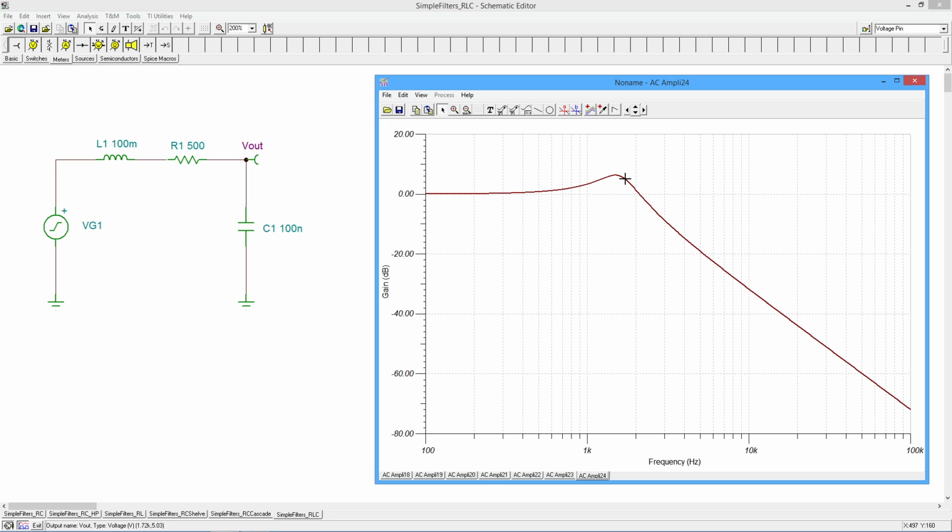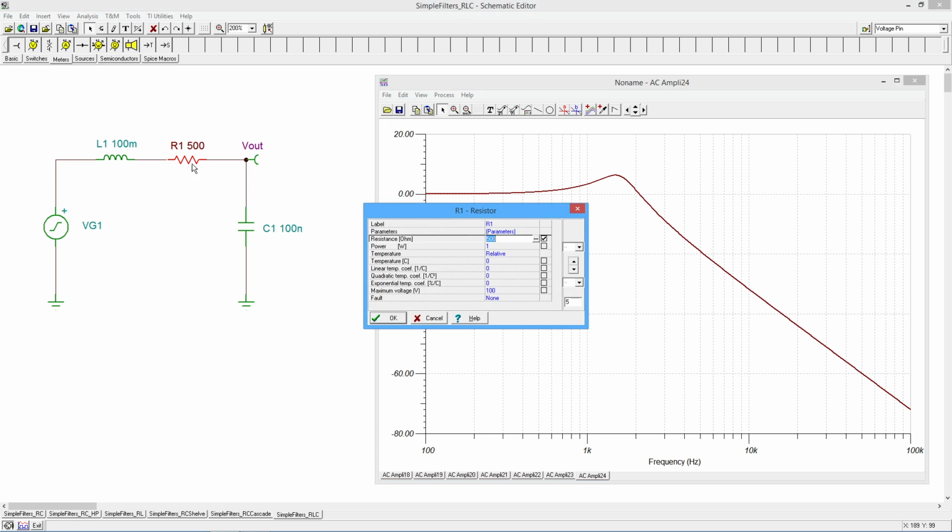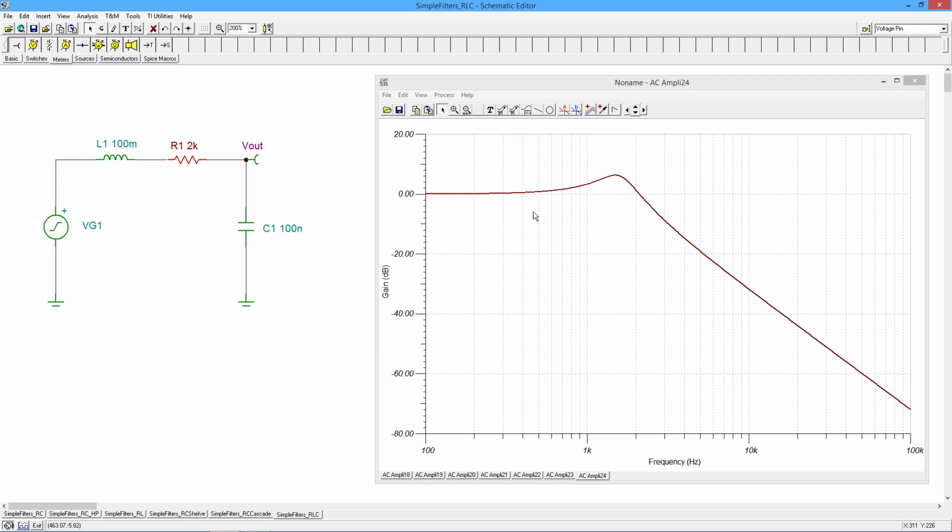The lower limit on that, again, is whatever our coil happens to be. If we go the other way, if I make this bigger, let's make it 2K, this is going to have a more relaxed, slower kind of response. We're not going to see the big resonant peak there anymore.